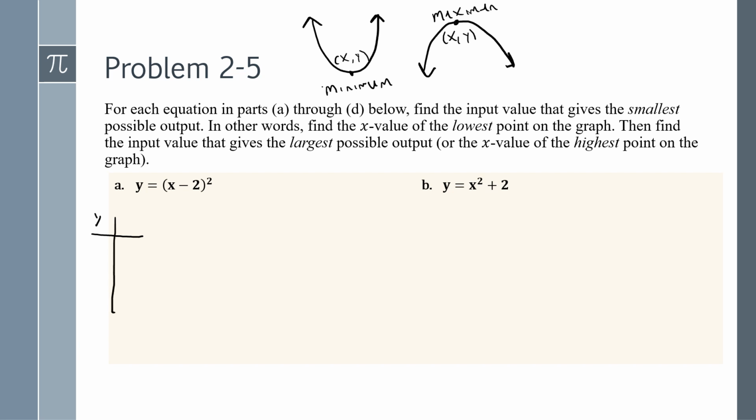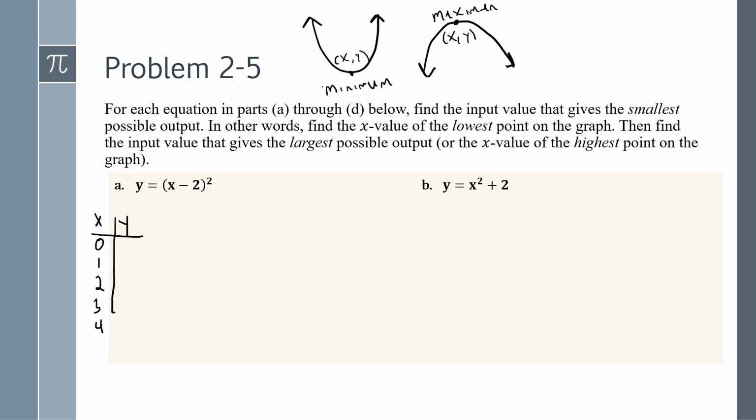That's one way to do this, x, y. I'm going to start with, let's see here, 0, 1, 2, 3, and 4. So I'm going to plug in 0, 1, 2, 3, 4 in this equation.